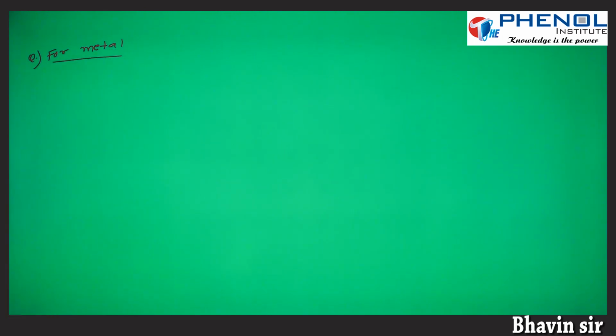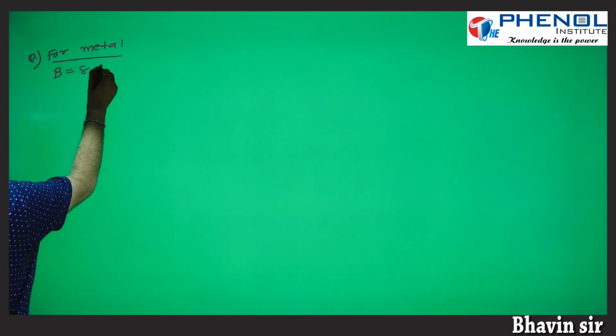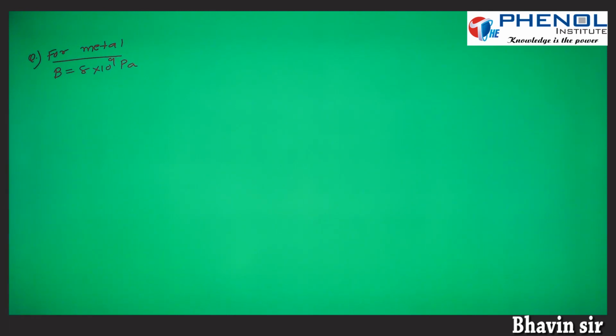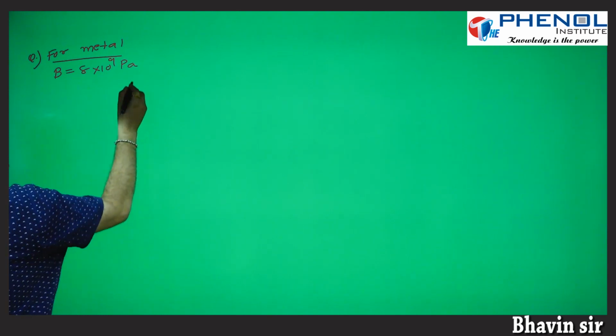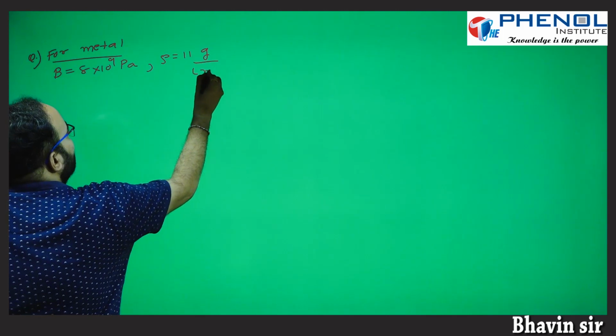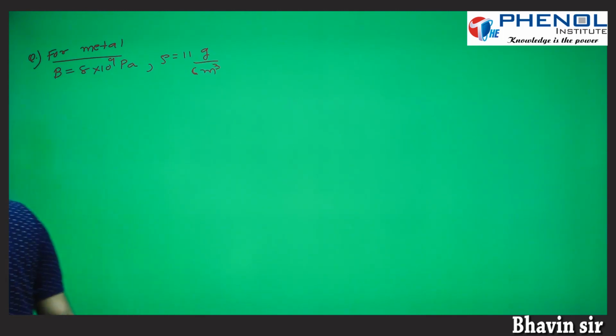Chalo, for a metal, bulk modulus is 8 into 10 raised to 9 Pascal. Its density is 11 gram per centimeter cube. What is its original density? 11 gram per centimeter cube. What will be the density of the metal under a pressure of 2 into 10 raised to 8 Pascal?